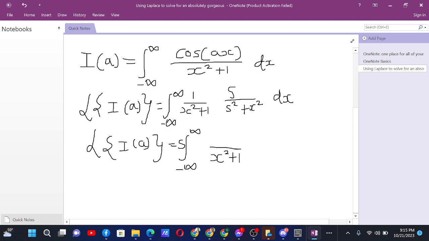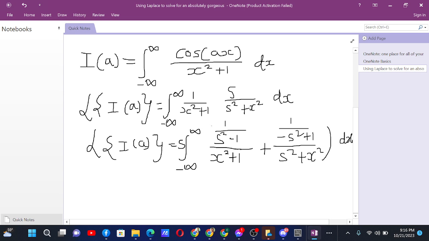So we will get 1 over this. And plus, over here in place of x square we will substitute minus s square, so minus s square plus 1, and dx.